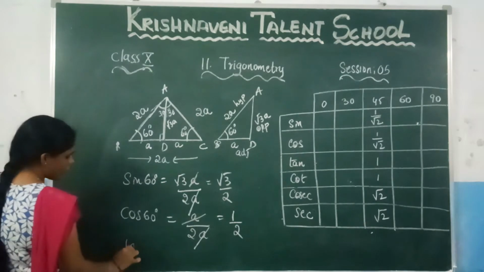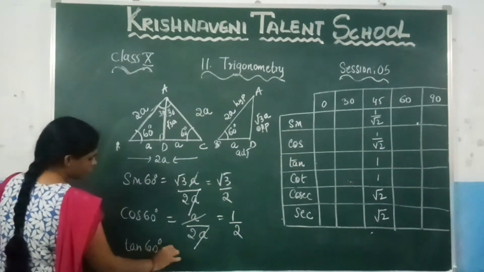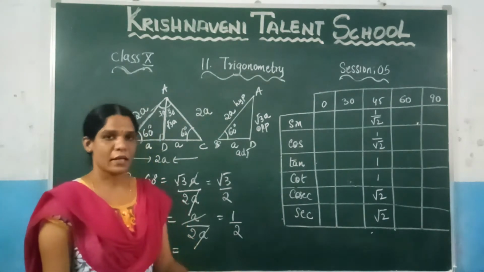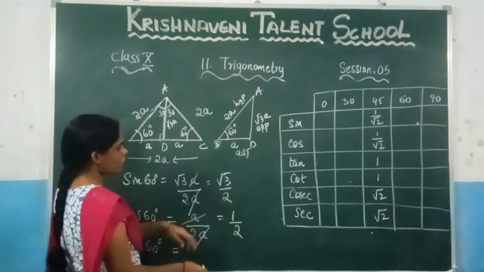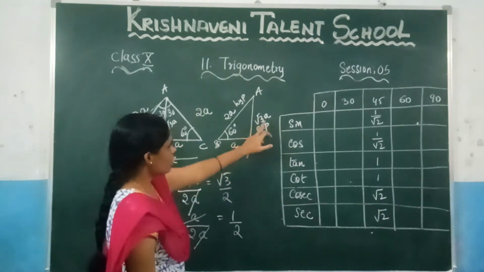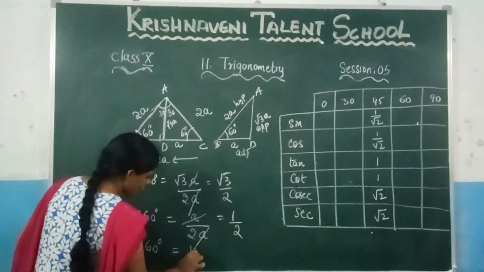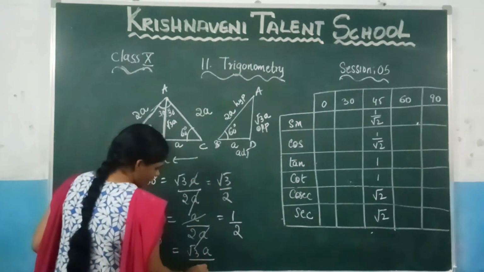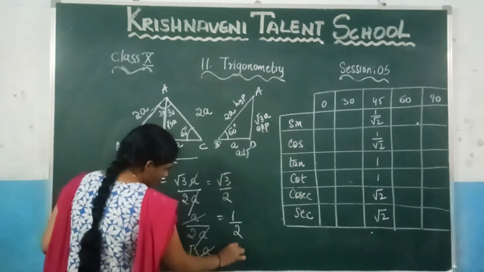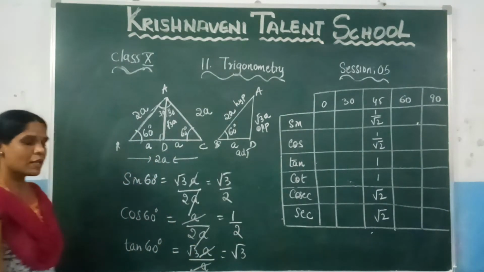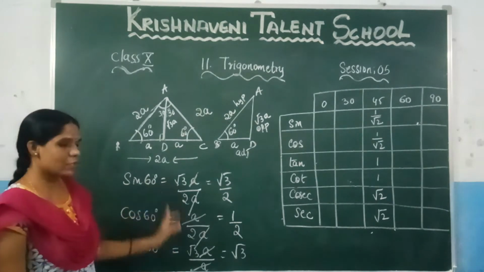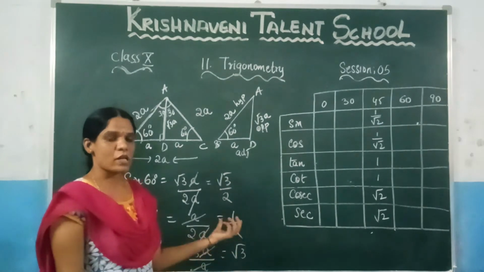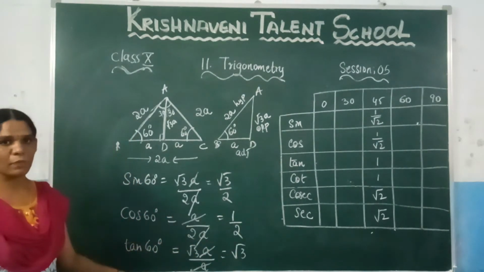Now find the value of tan 60, which is nothing but sine by cos.